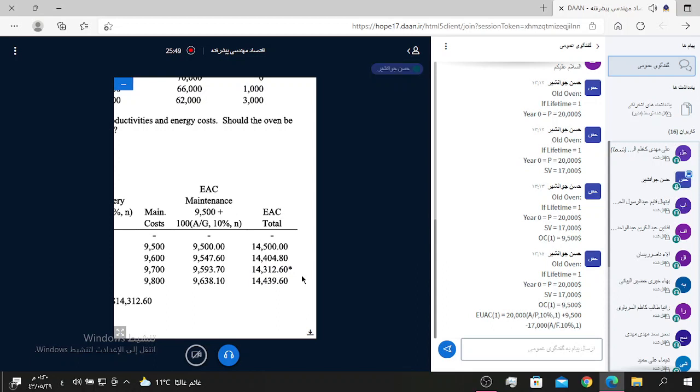For 3 years, UAC3 we can find this number, 143.2.6.